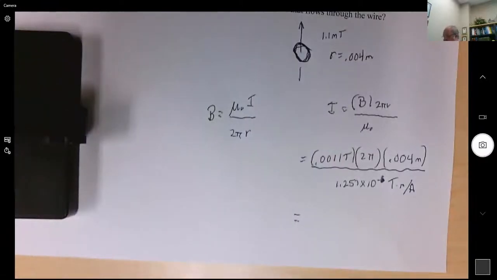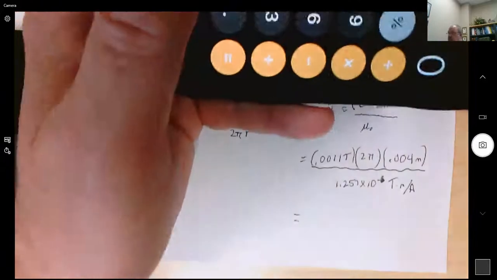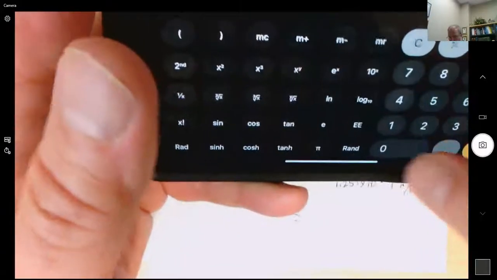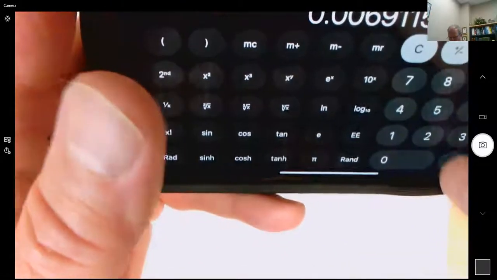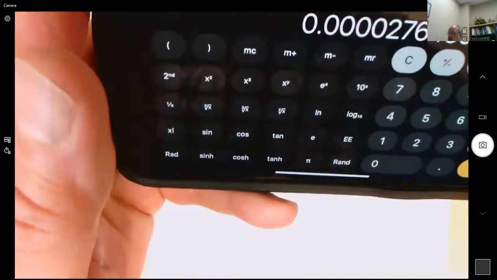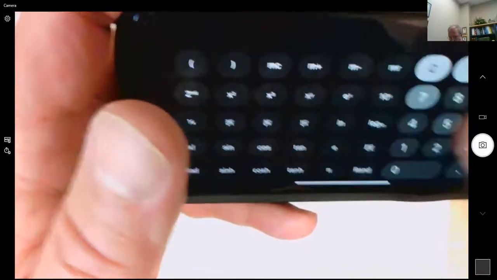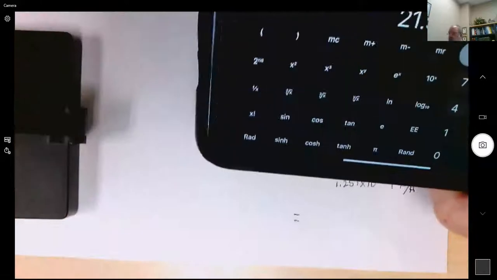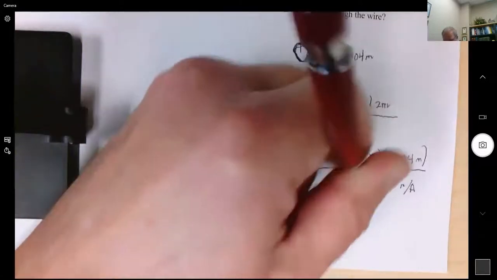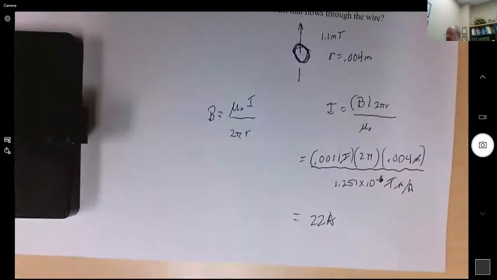And then we can calculate the answer. That gives me 21.99, but I'll just call it 22 amps. And we see up here, meters cancel, Teslas cancel, and that leaves amps in the numerator.